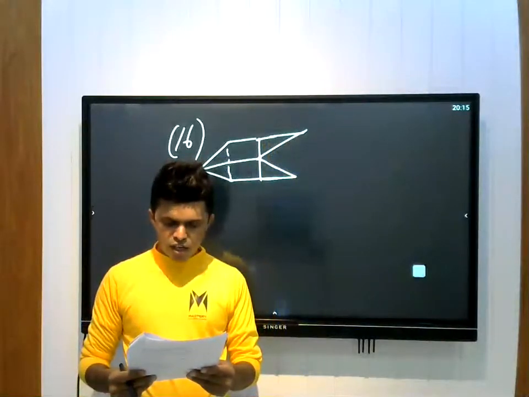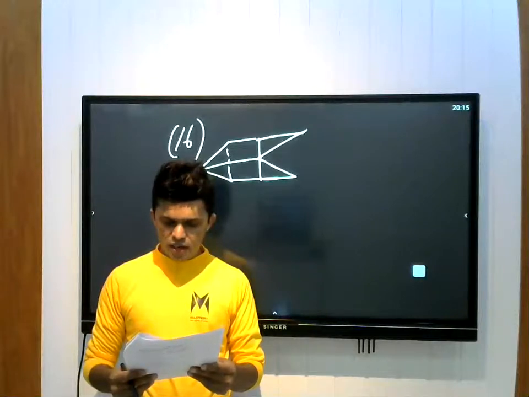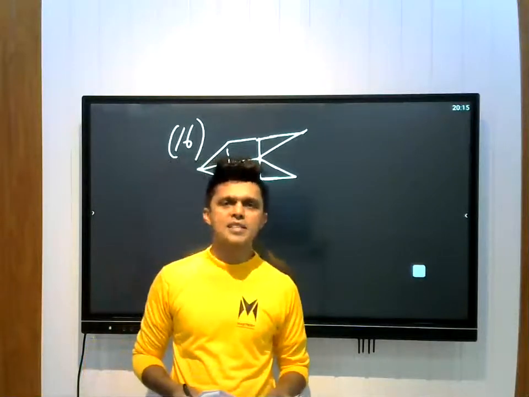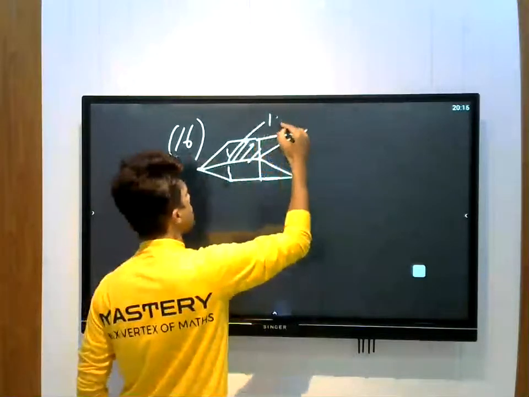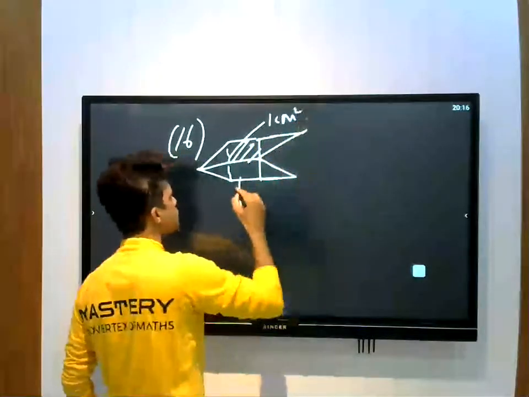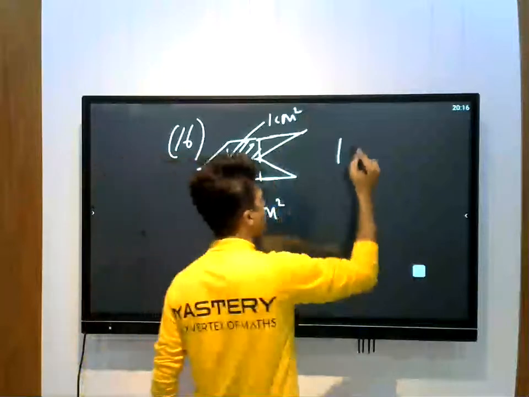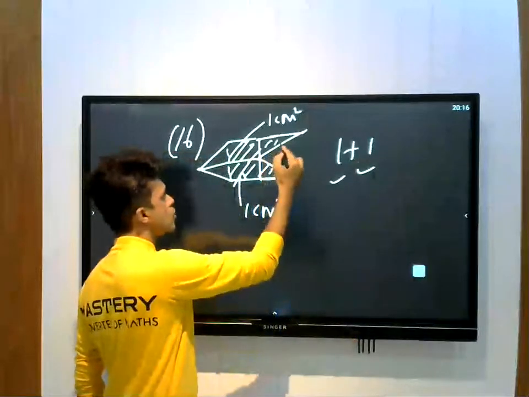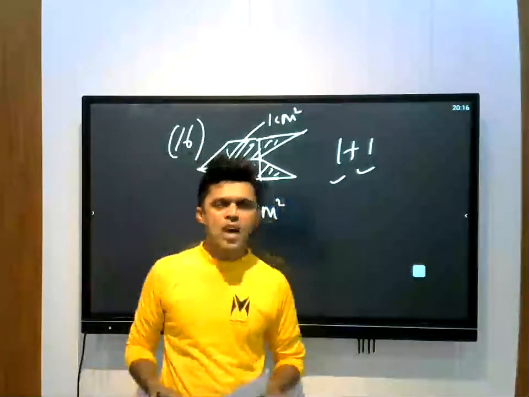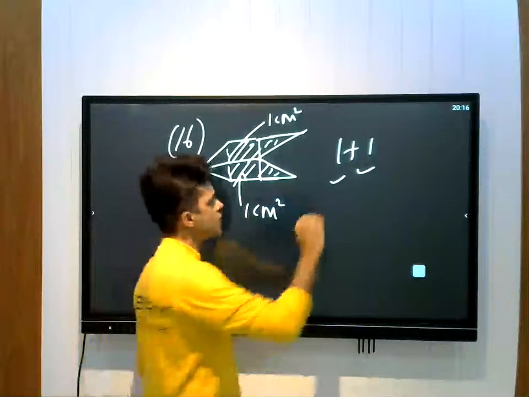If the area of one square in the square grid is 1 cm square, it has given the area of this one part as 1 cm square. This one also 1 cm square. So 1 plus 1. When you combine those two diagrams, you get half plus half is 1.